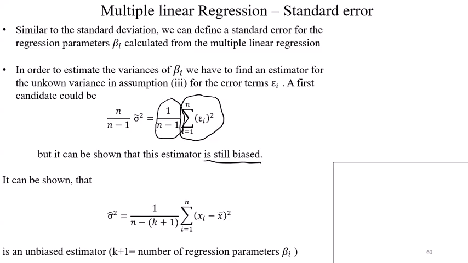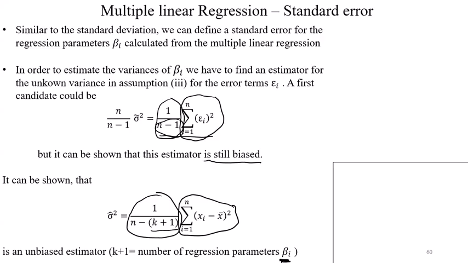But since we now have more regression parameters, we can show, similar to this estimator, that if we do not divide by n minus 1 but by n minus k plus 1 times the sum of all squared distances with respect to the arithmetic mean, then we have an unbiased estimator, where k plus 1 is just the number of all our regression parameters.